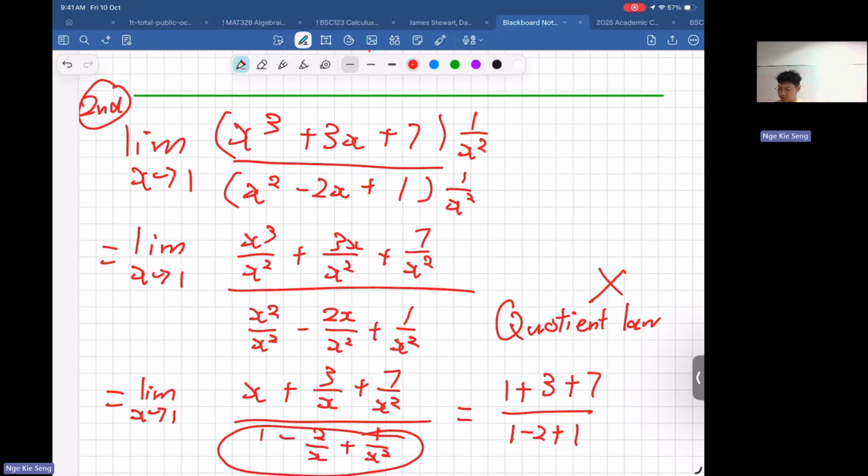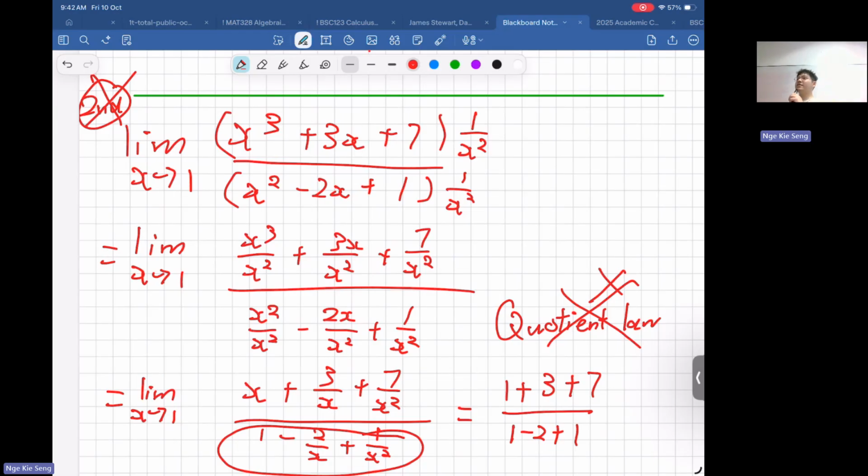Because the limit of the bottom one goes to 0. Because for the quotient law, you need to make sure that the limit of the denominator is not 0. But this is again 0. Never mind. We just stick with the old method.